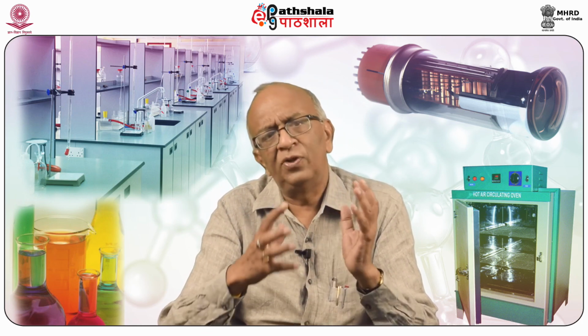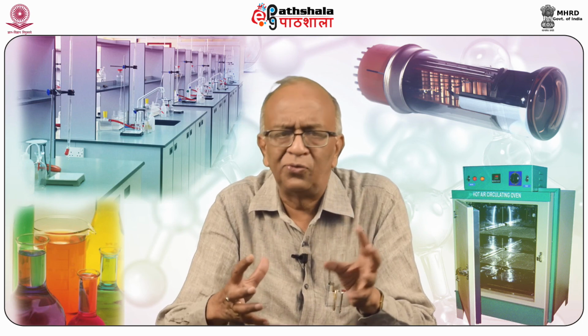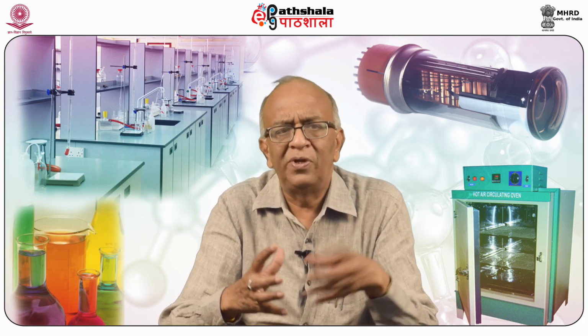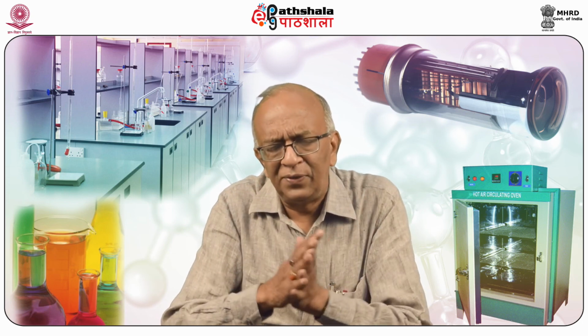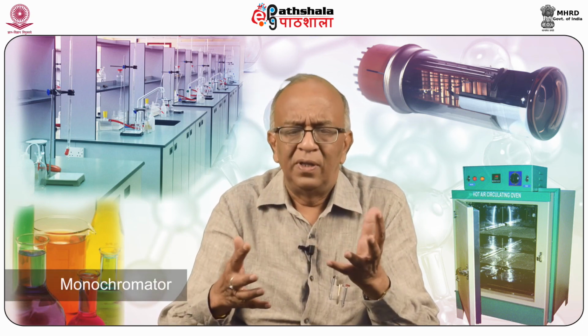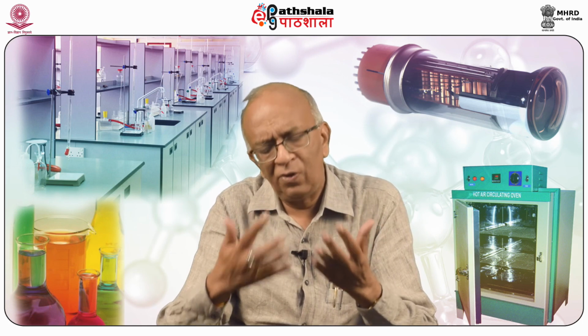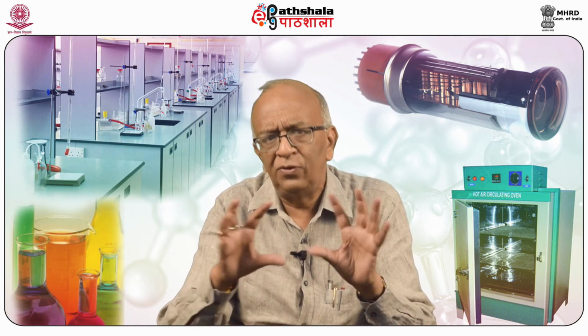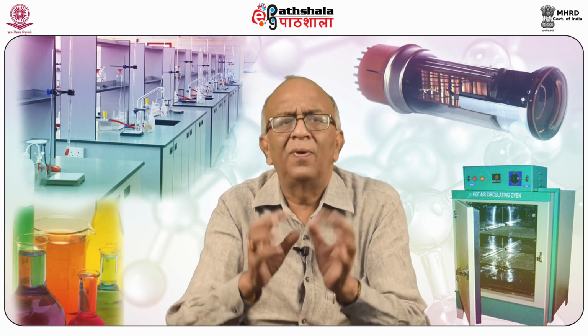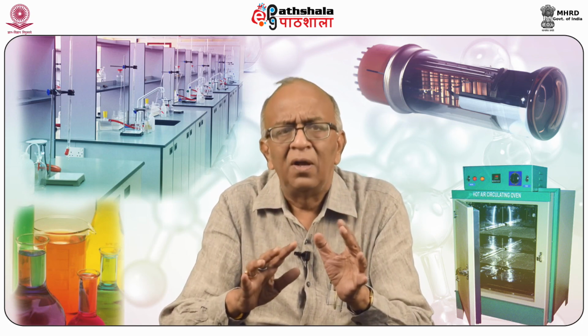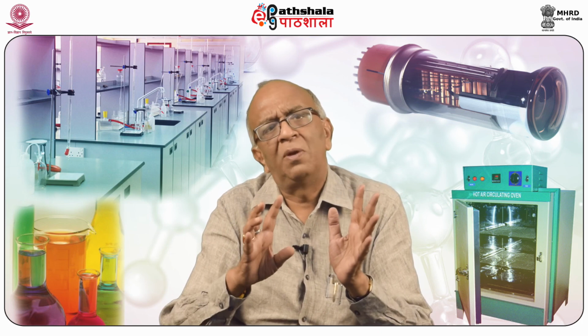First component is the source. What is the source of radiation? Source may be different from one spectroscopy to another. Second one is the monochromator, the part used for taking a small wavelength band or a particular wavelength.